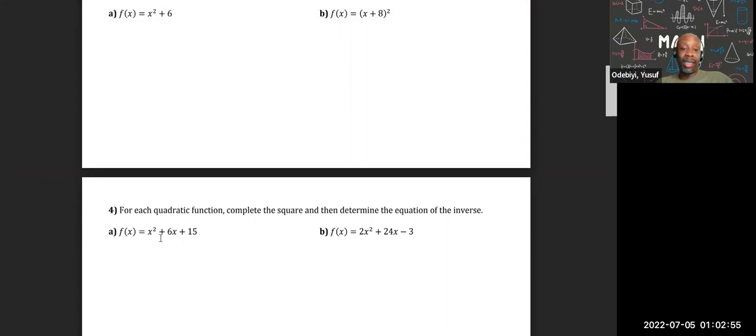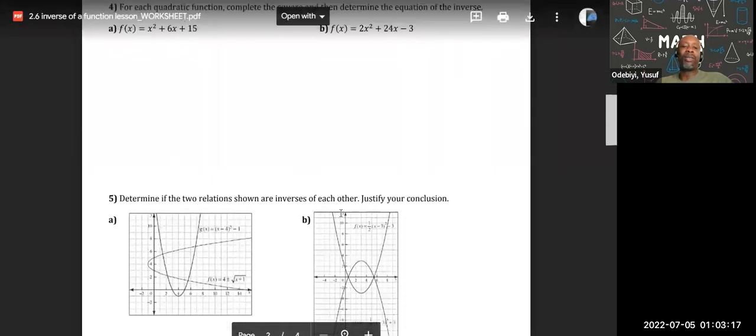If you try to isolate Y here, I have Y in two spots, a Y in a square and a Y times a number. It's too hard to isolate. That's why I want you to turn this into vertex form first, then do the swapping of X and Y. Otherwise, it'd be too difficult.